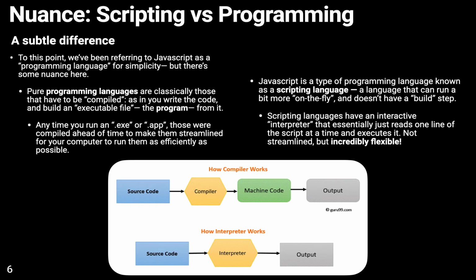And so it's not streamlined like that, but it's super flexible and very portable. Like if your code in a scripting language runs on one system that has that scripting language installed, it should run on all of them, because it's really just a set of instructions. It's not trying to get compiled down into something really, really low level.